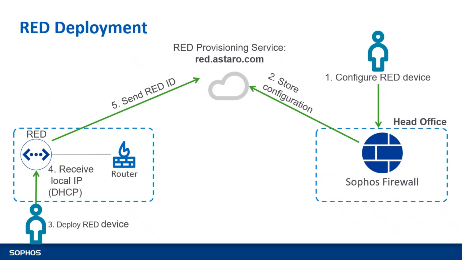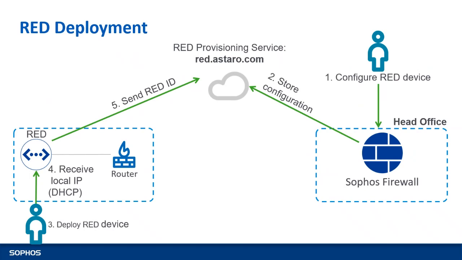The firewall then sends the configuration to the cloud-based provisioning server. The RED then connects to the remote office and obtains the IP address, DNS server, and gateway from the local DHCP server.